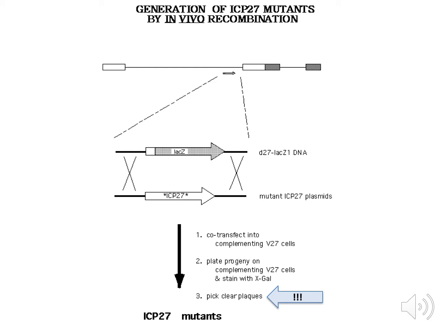And again, that gets done in complementing V27 cells. In this case, one can pick the clear plaques, and those should have replaced the beta-galactosidase gene. So this is a system that can be used for many double-stranded DNA viruses, a similar kind of system, to generate deletion mutants and then generate specific mutants with engineered sites.